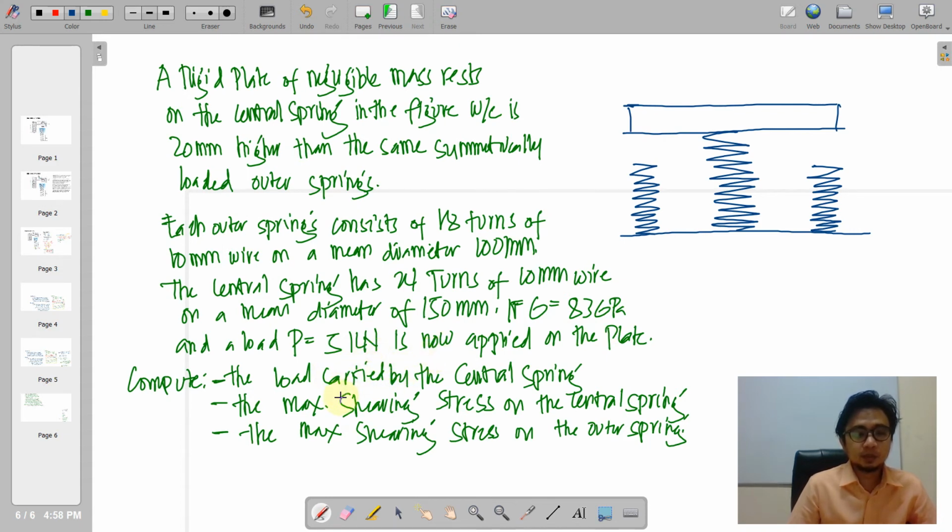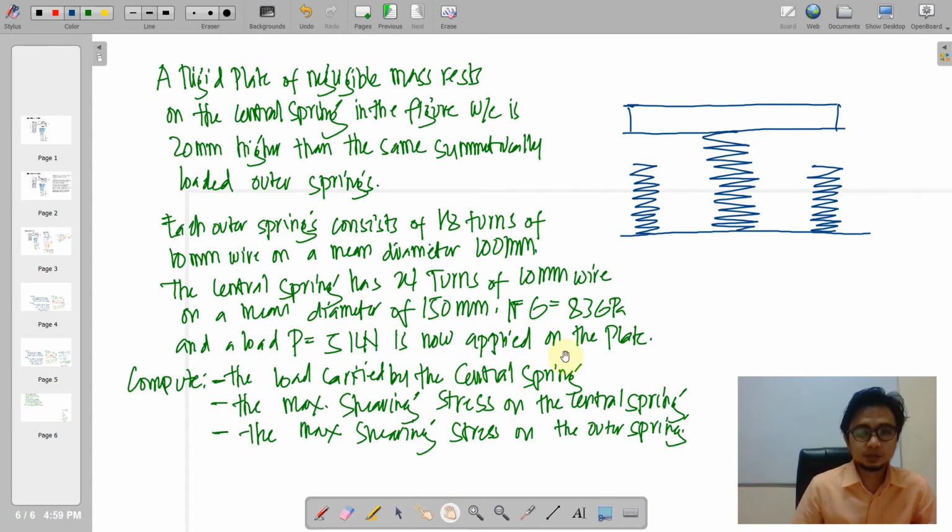We are going to compute the load carried by the central spring, the maximum shearing stress on the central spring, and the maximum shearing stress on the outer spring. So there will be 3 unknowns here.